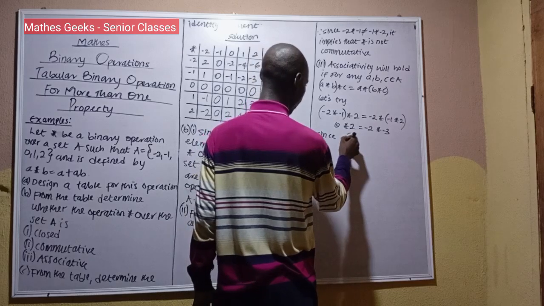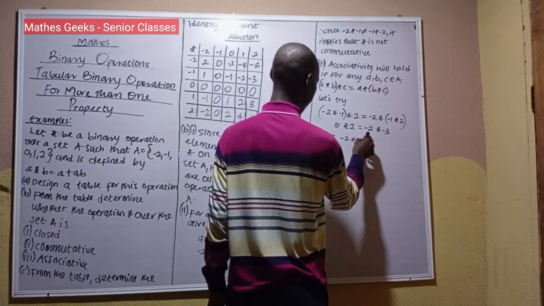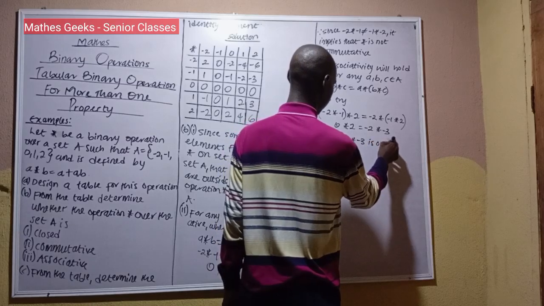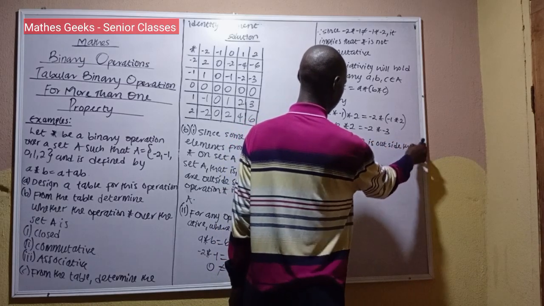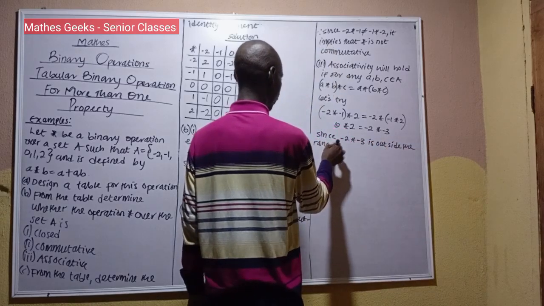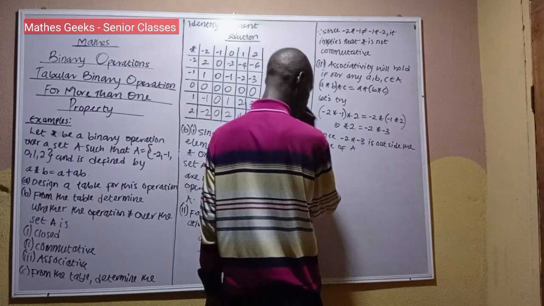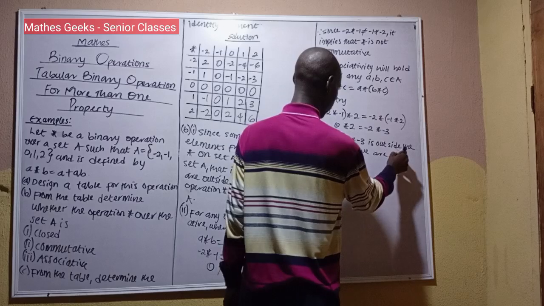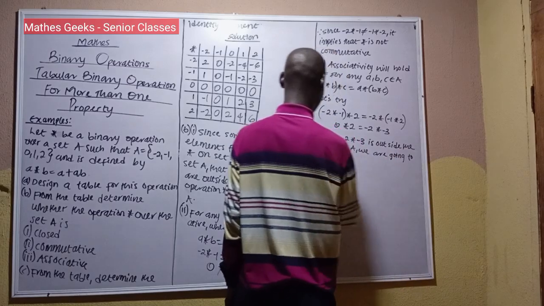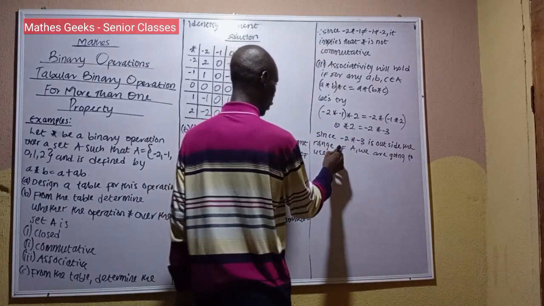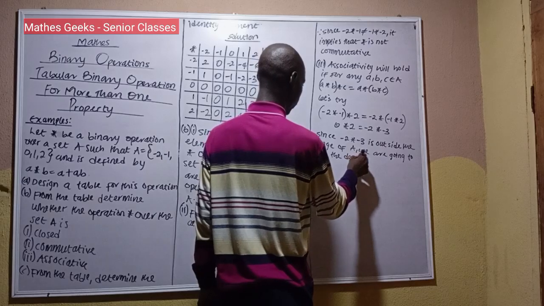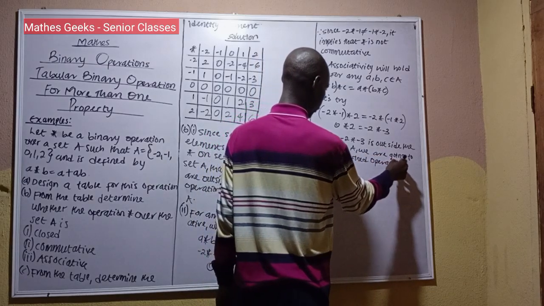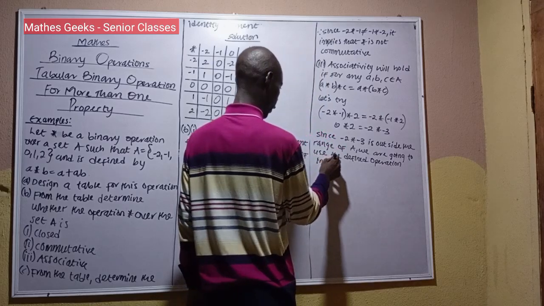Since -2 star -3 is outside the range of A, we are going to use the defined operation instead.